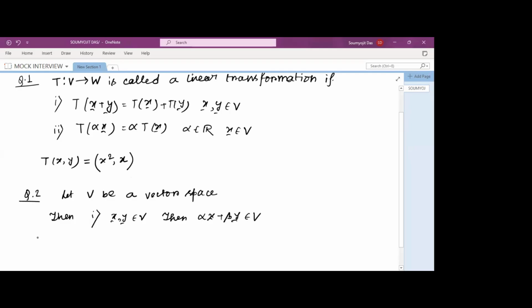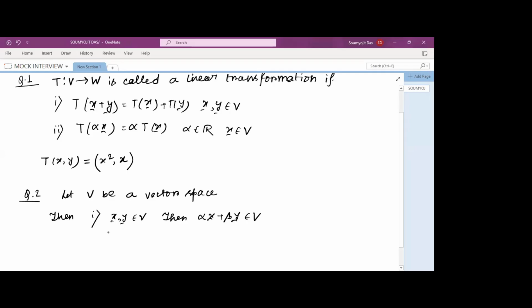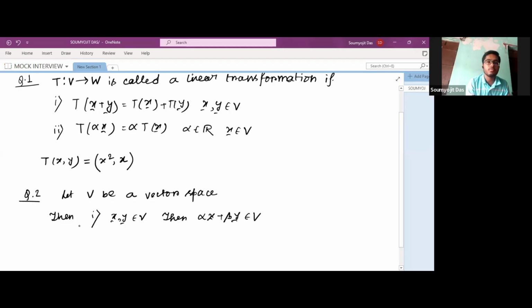Again, is it necessary that both vector spaces should be finite dimensional for a linear transformation? Sir, I think it is necessary for the linear transformation to have finite dimensional vector spaces. Okay.